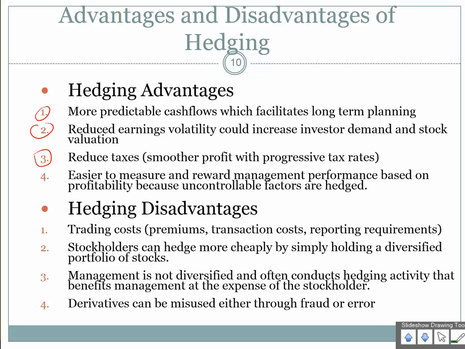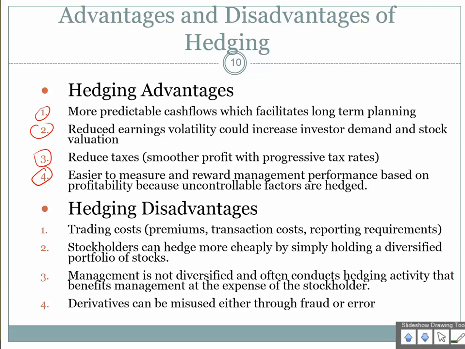And then lastly, if you were to hedge all the things that a manager can't control, like the value of the euro, and you want to measure a manager's ability to manage, say, a German investment, maybe it's best to hedge all those risks they cannot control, hedge 100% of, say, their exposure in the euro, and therefore the profit changes will be driven by the manager's ability to, say, cut costs or increase sales.